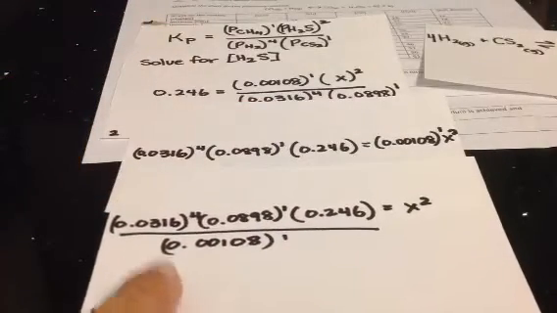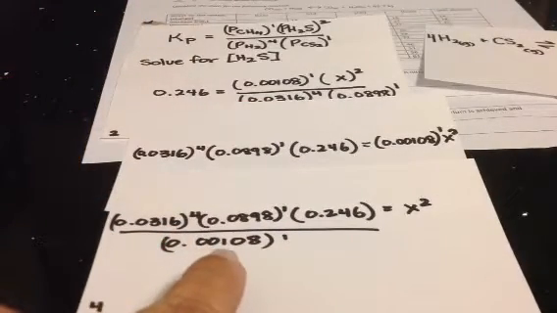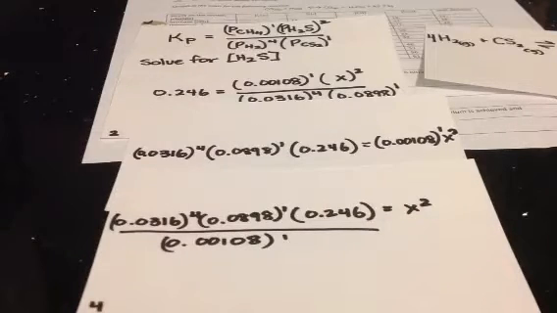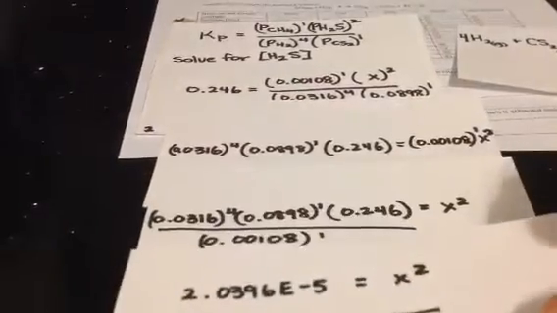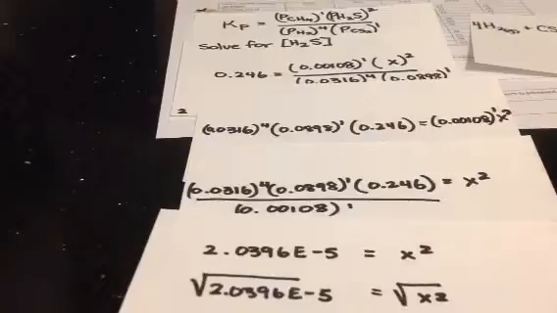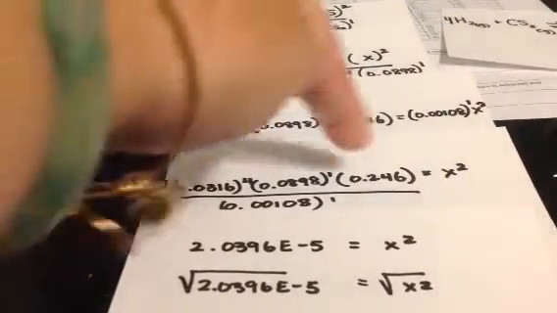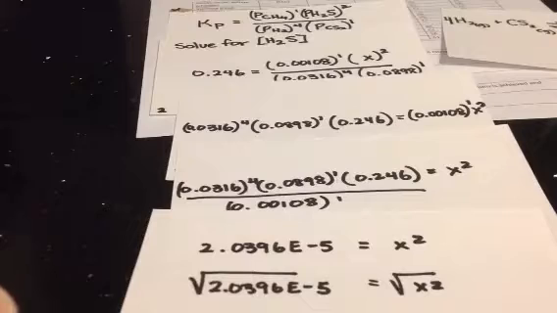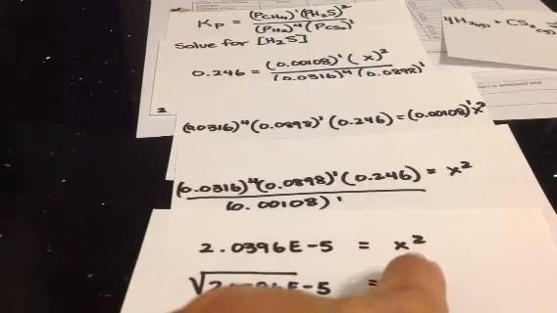Both sides get divided by 0.00108. That leaves x to be x squared. That's still not alone. So when I do my calculations for this, I get all of this right here equals 2.0396 times 10 to the negative 5, and that equals x squared.